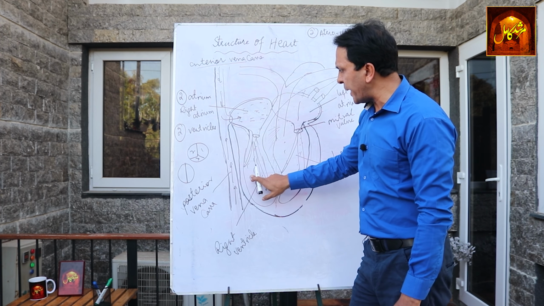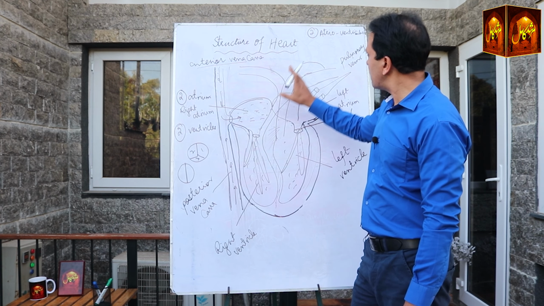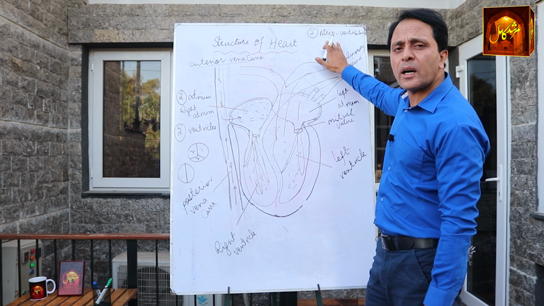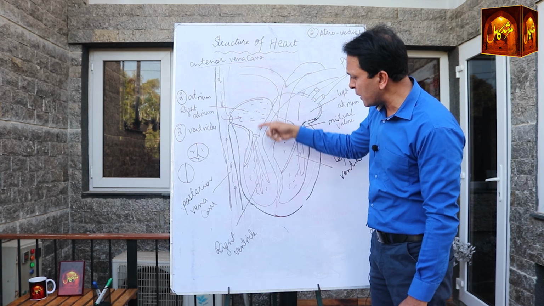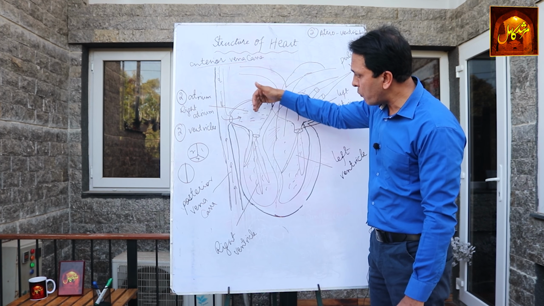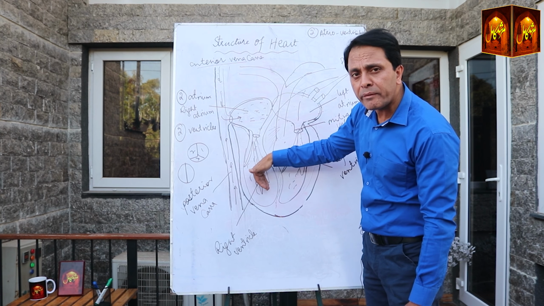Why are they called atrioventricular? Because blood is passing through these valves from atrium into the ventricles.